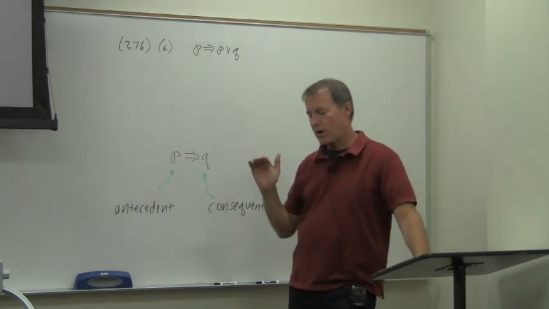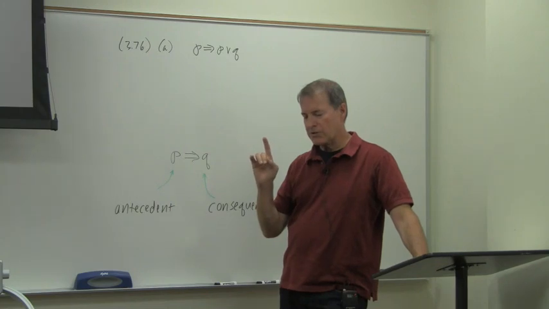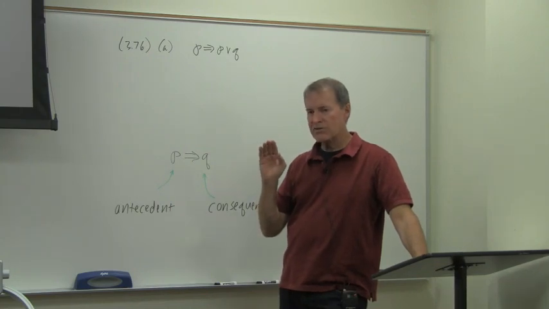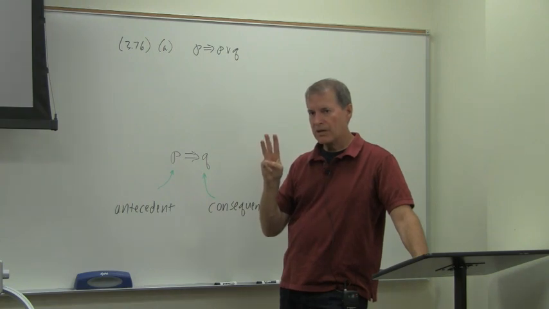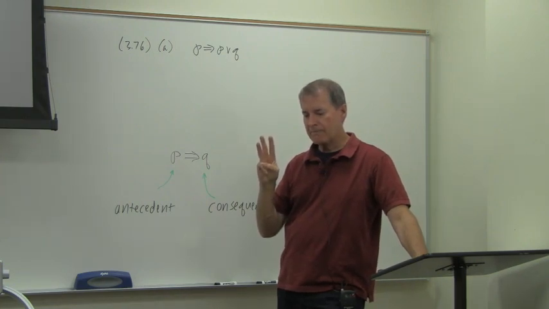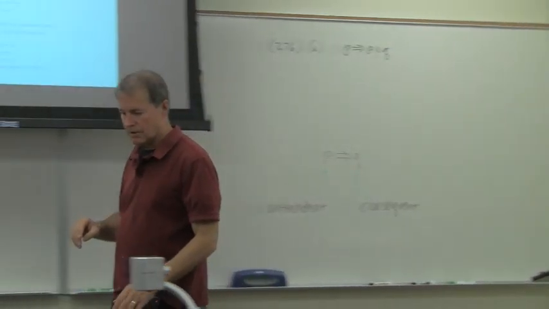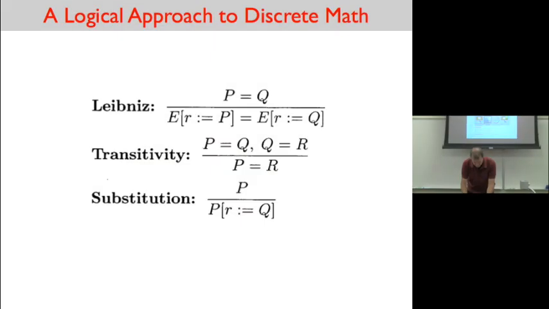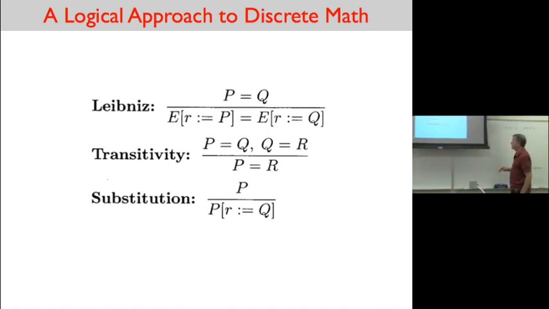When you do these proofs with implications, we are still using the same three principles. And here they are. We are still using Leibniz to substitute equals for equals when we go from one line to the next.